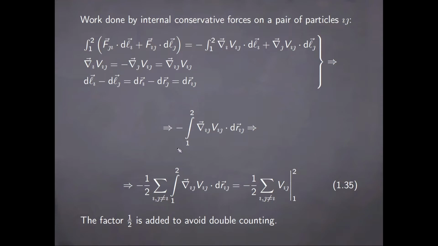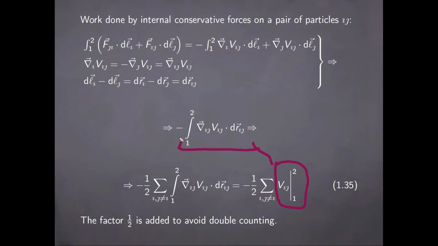As such, the line integral has the expression here, and the result of this individual integration would of course be the one here. So it is just the difference in the value of the two-particle potential between the endpoints of the path.